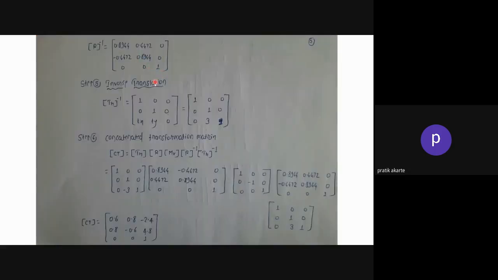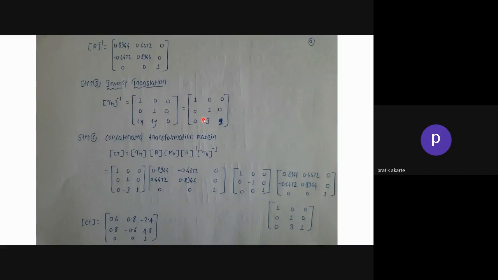Now inverse translation. Now we'll be repositioning the line where it originally was in step number 1. For that we have to make the y-intercept whatever is given in the equation of the line. So recall that in step number 1 we used ty as minus 3 so that the line will pass through the origin.